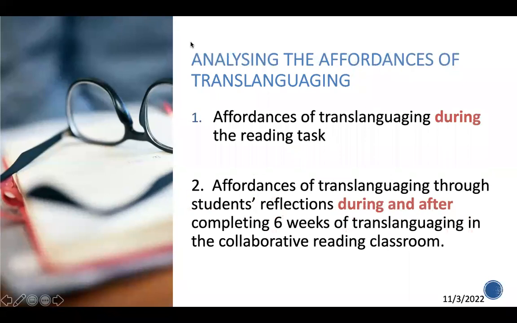Analyzing the affordances of translanguaging. So there are 2 aspects of looking at it, because I captured the affordances during the reading task, and then I wanted the reflection on those affordances during and after, as I said. So there were weekly reflections, and there were reflections at the end of the 6 weeks period.